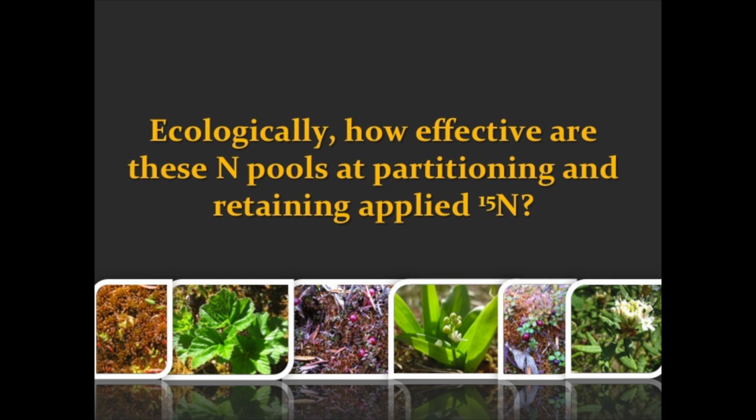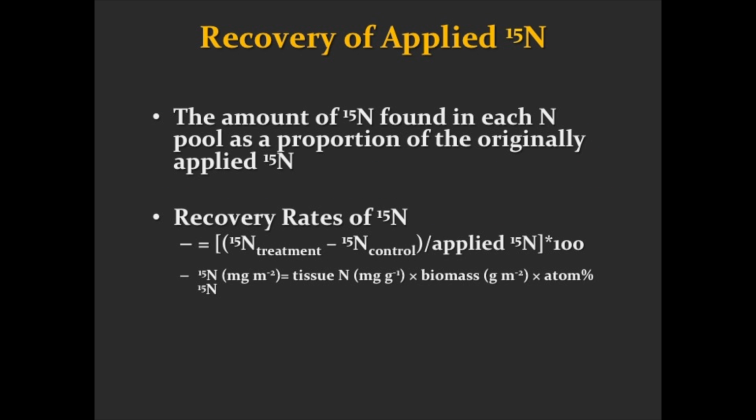So overall, how do these systems retain and recycle the nutrients? To answer that question, we wanted to calculate the recovery rates of N15. Basically, you measure the N15 content in the treatment vegetation minus the control and divide it by the initially applied N15 to get a percentage recovery rate.